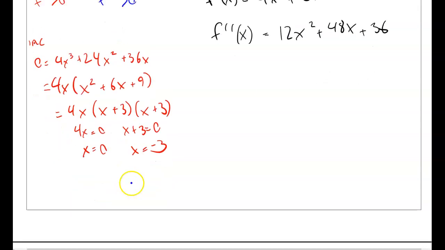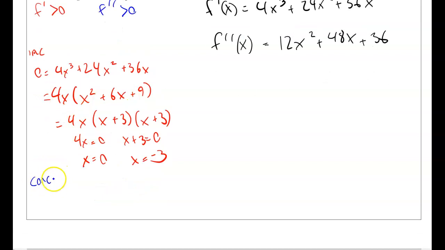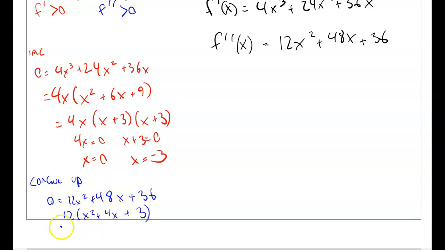I'm going to do the same thing now with my second derivative, and here I'm finding concave up. So 0 equals my second derivative, which is 12x squared plus 48x plus 36. Then I can solve again by factoring. My 12 factors out, and that factors to x plus 3 times x plus 1.